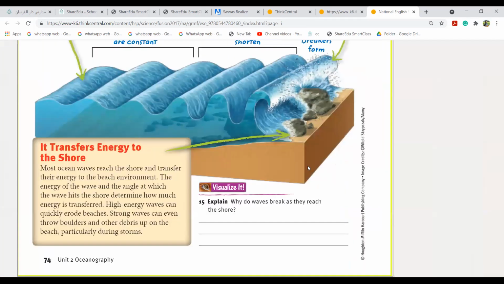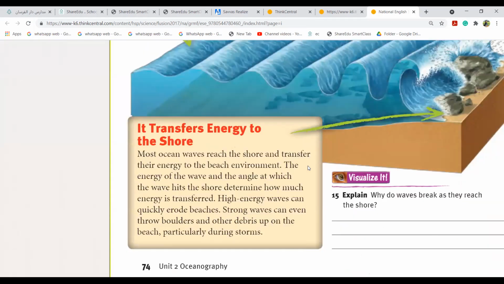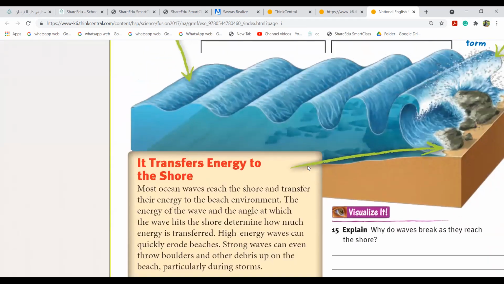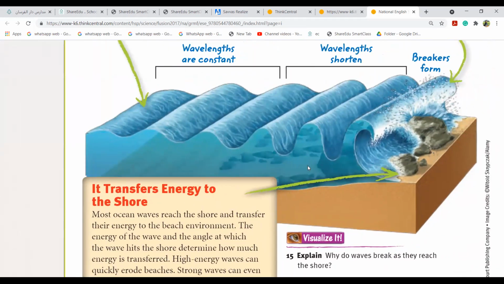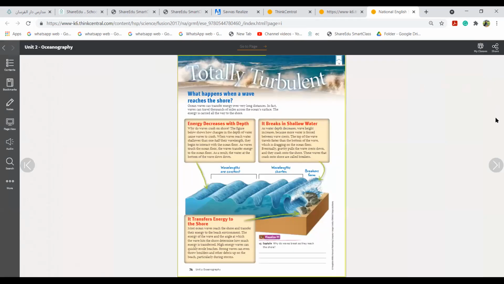Strong waves, girls, can even throw boulders and other debris up on the beach, particularly during storms. You could see those sand particles, those sand debris, you can see the rocks. Now, the energy of the wave and the angle at which the wave hits the shore determine how much energy is transferred.